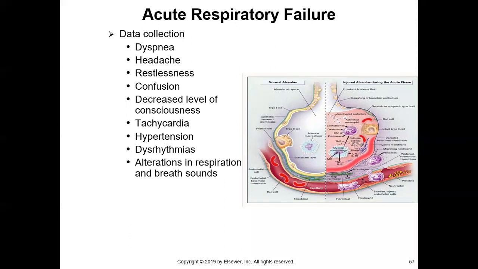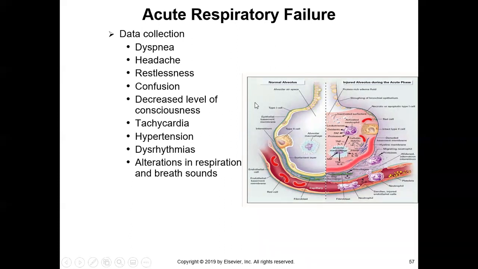Particularly, the patient presents with shortness of breath, headache, restlessness, confusion, decreased level of consciousness, tachycardia, hypertension, dysrhythmias, and altered respiration and breath sounds.